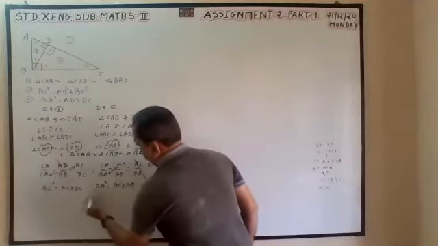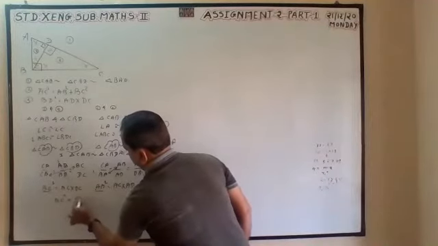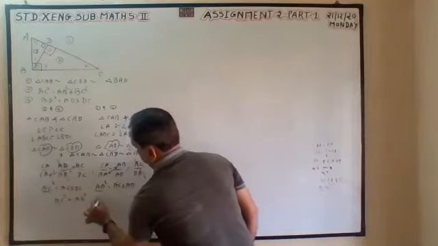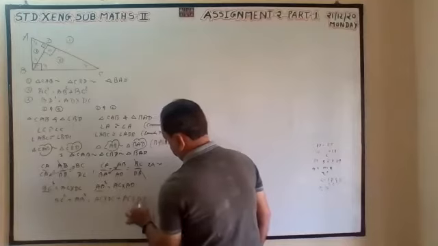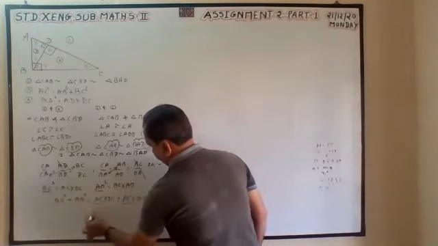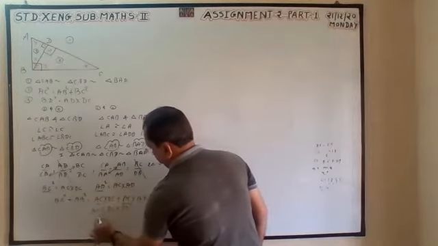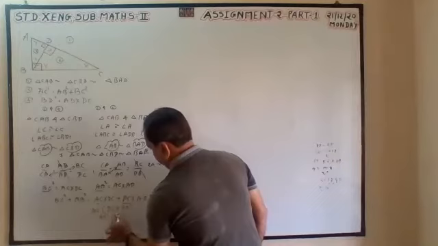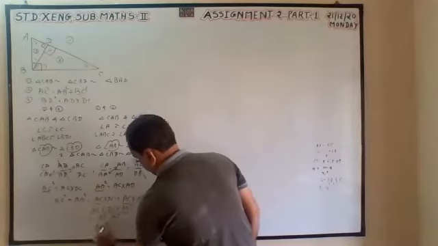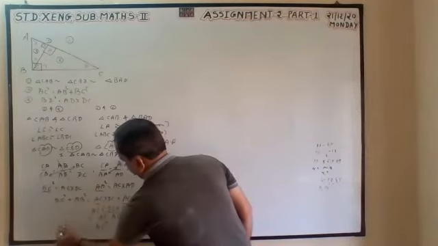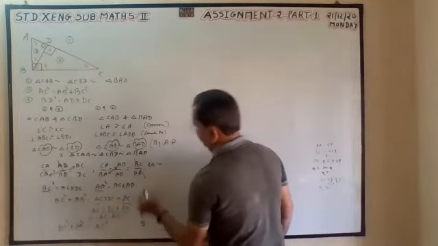Then left side total, right side total. AC common, DC plus AD. So AC dot AC. This total is AC. So it is AC square. So BC square plus AB square. This is second proof. This is first proof.